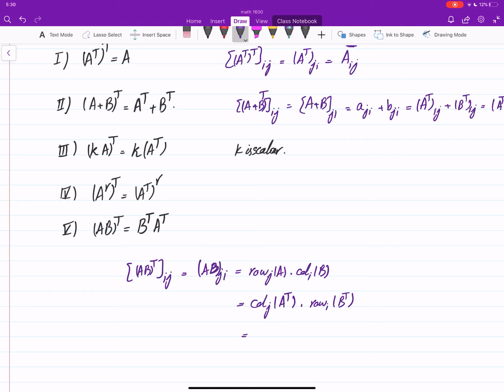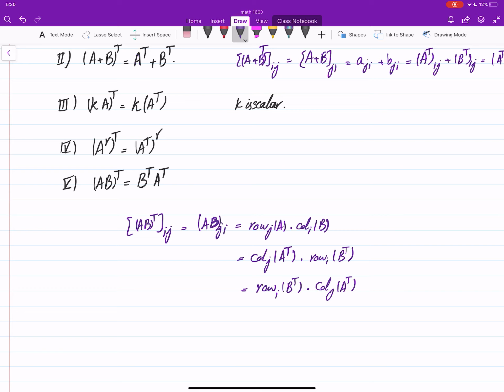Since the dot product is commutative, this is row i of B transpose dot column j of A transpose. This means that we have the ij entry of B transpose times A transpose.